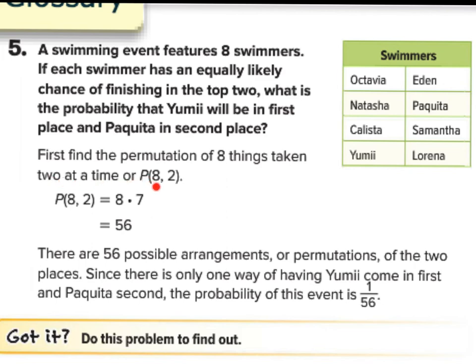Our first choice is out of 8, right? And then our second choice will be out of 7 because we chose 1. So really we only have 2 choices. That would be 56. There are 56 possible arrangements, or permutations, of the 2 places. Since there is only one way of having Yumi come in first and Paquita in second, the probability of this event is 1 out of 56.